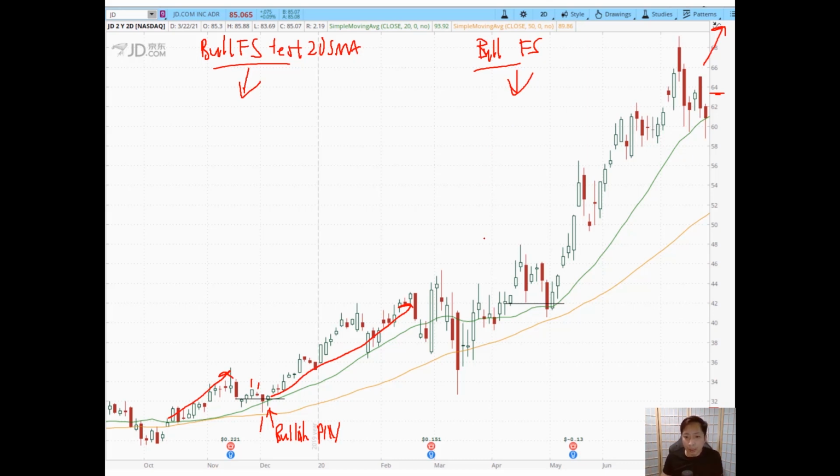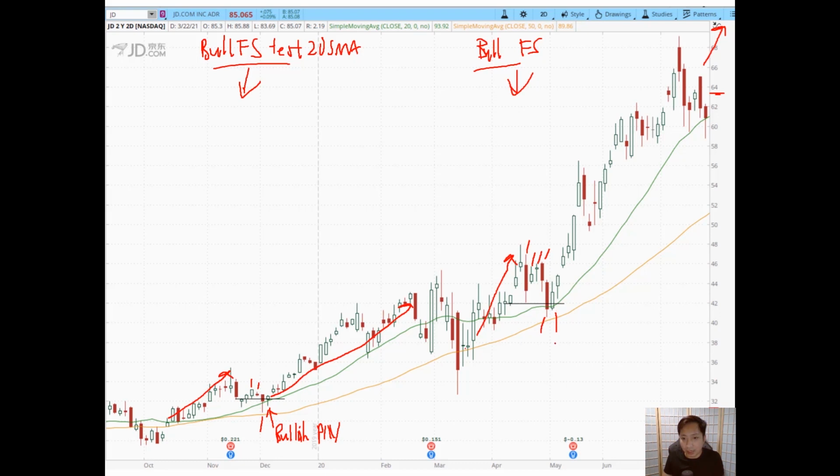Okay, so over here, there is also a bullish mini uptrend, and then there was a retracement back to the 20 SMA, right? So you can see, guys, what's interesting about the retracement was you have a mother bar, baby bar, right? Third bar, fourth bar, fifth bar, sixth bar.